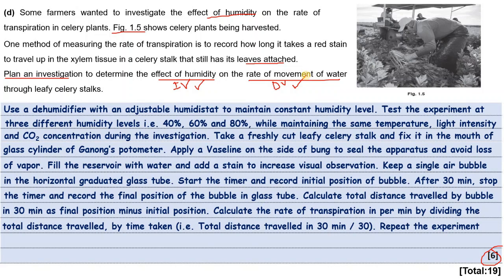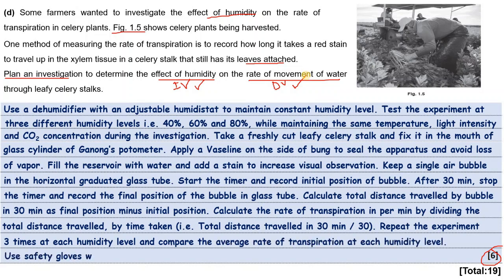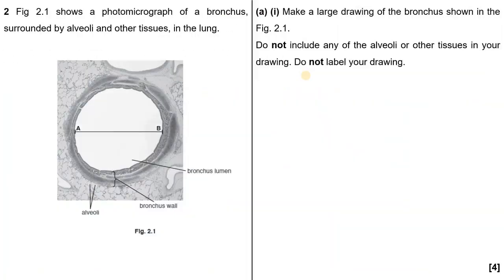We are just writing an investigation and we are not considering what the final result or outcome will be. We can also suggest an improvement, like repeating the experiment 2 to 3 times, and finally a safety measure. So here we are completing our first question.